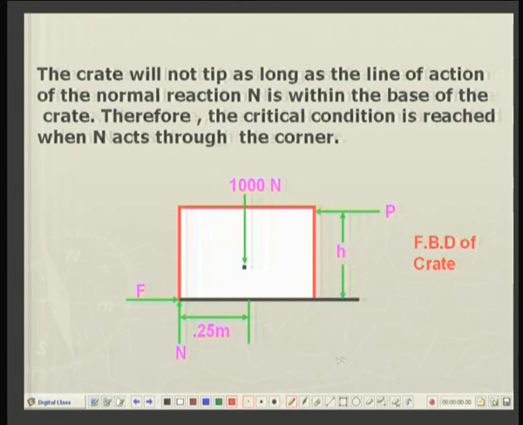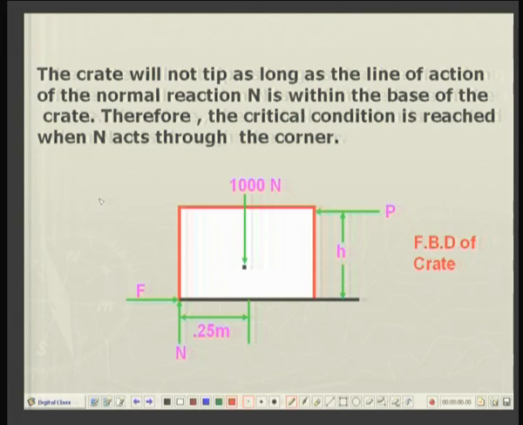So, they are creating an anticlockwise moment. Now, the weight downward is passing through the center of gravity, let us say, through this point, and as the normal reaction is acting here, here or here, there will be a clockwise moment.